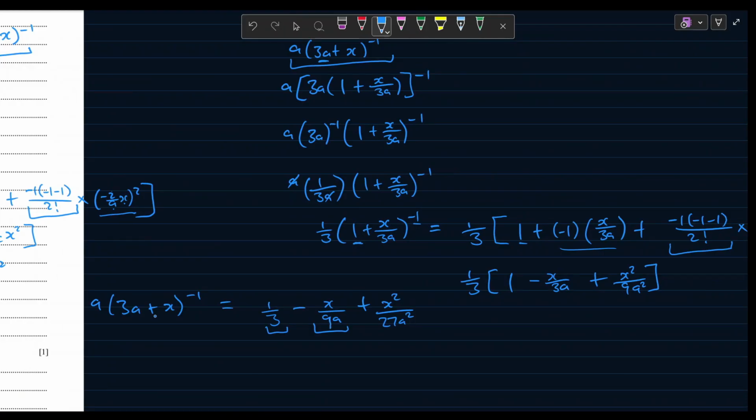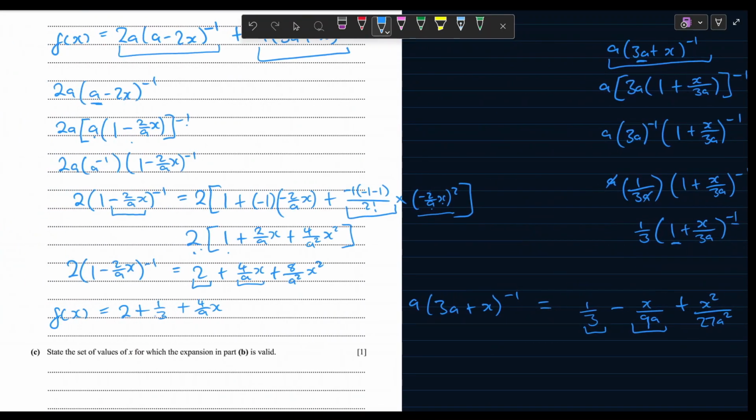Yes, this is a 9a. So that's minus x over 9a. And then the term in x squared, so that's plus 8 over a squared, x squared, and then we've got plus x squared over 27a squared.